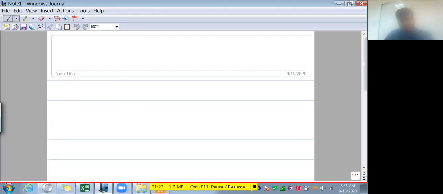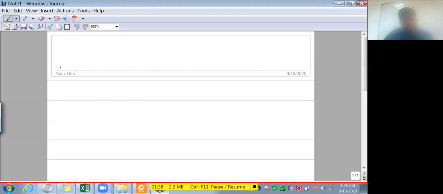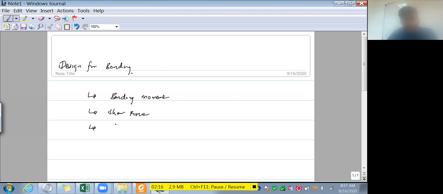So, designed for bending. Now, when you have a beam which is experiencing forces in the transverse direction, or an element which is under the action of bending, you might encounter a bending moment, and shear force, and you may also encounter torsion.